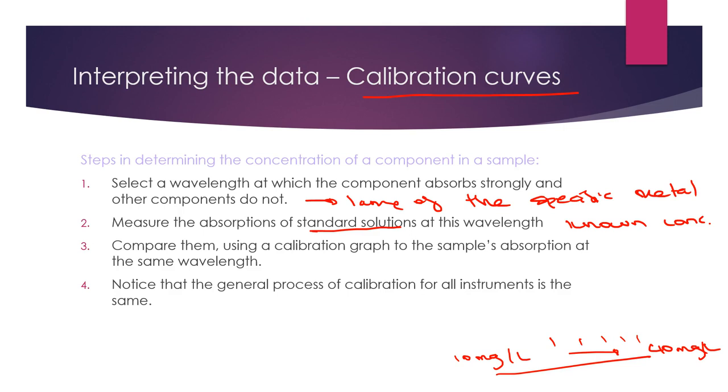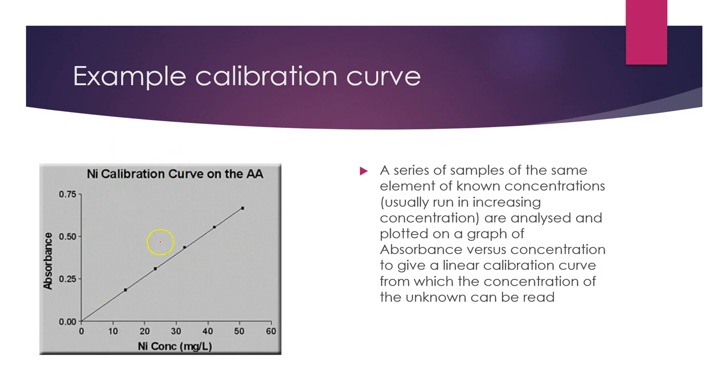So let's have a look at what this looks like. So this is our calibration curve. Okay, in this case, we've looked at nickel concentration. So a series of samples of the same element of known concentration are analysed and plotted on a graph. So you can see here these would be the concentrations that were run.